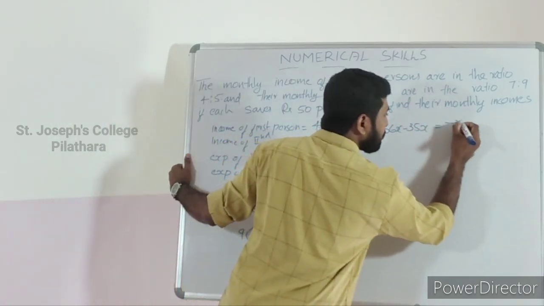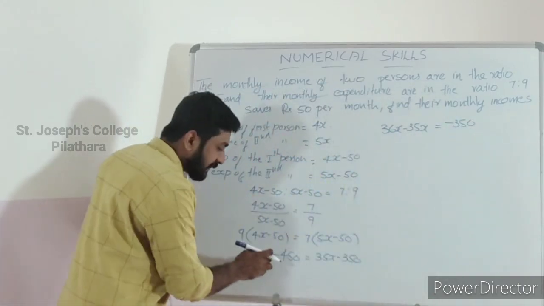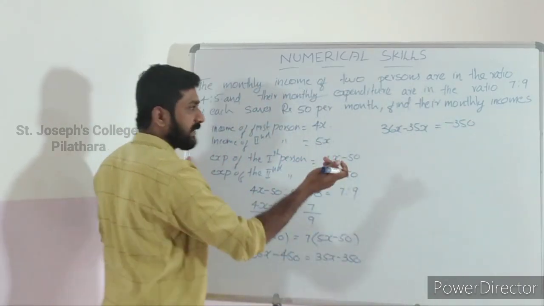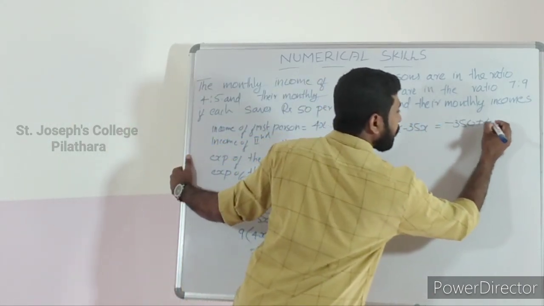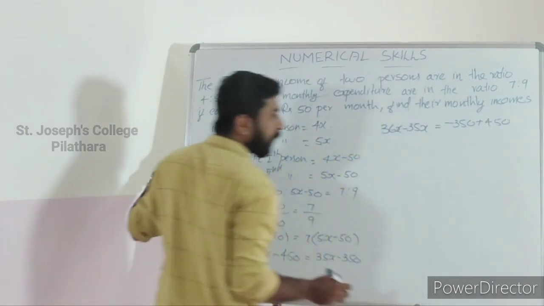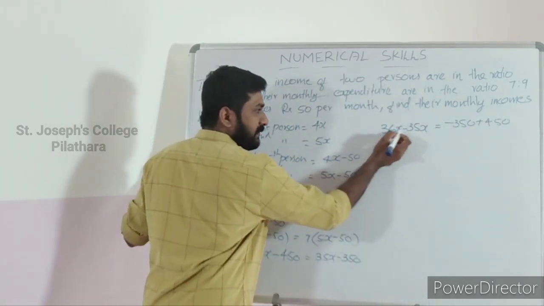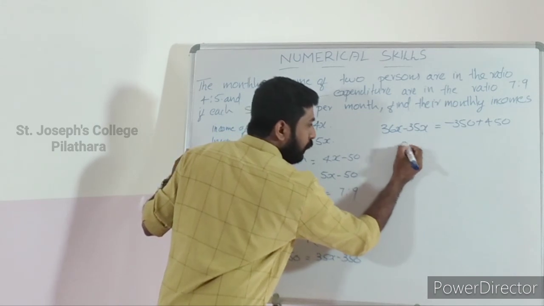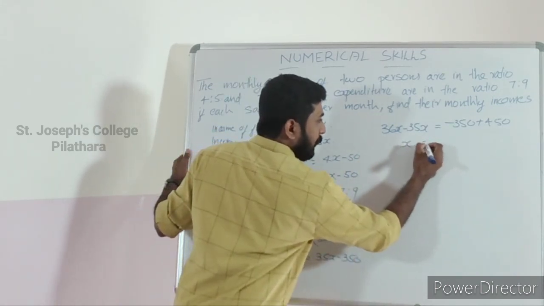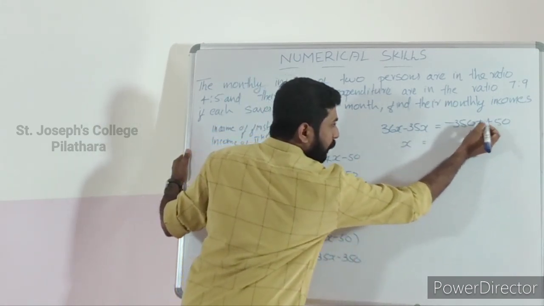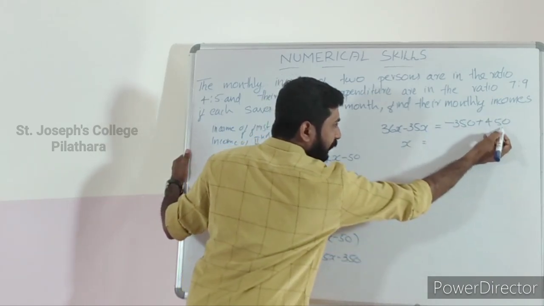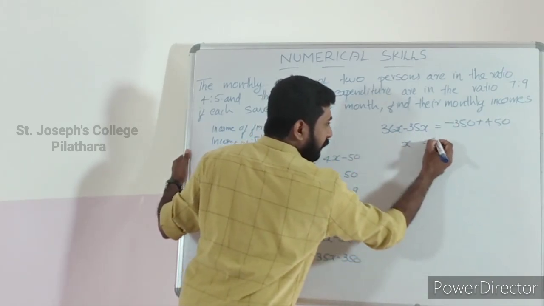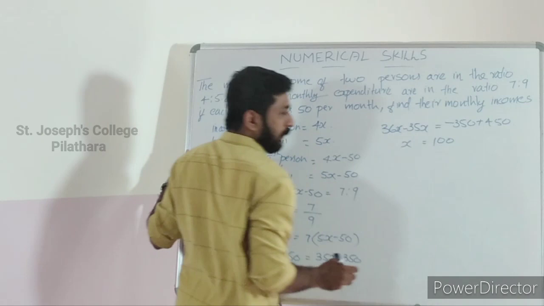Take this minus 450 to the right side, then it will be plus 450. We got 36x minus 35x is equal to x, and minus 350 plus 450, that is 450 minus 350, which is equal to 100.